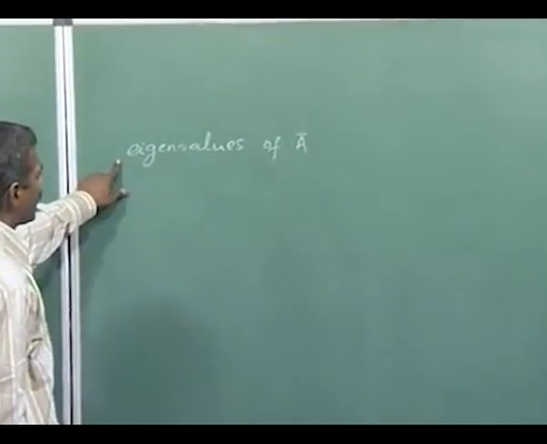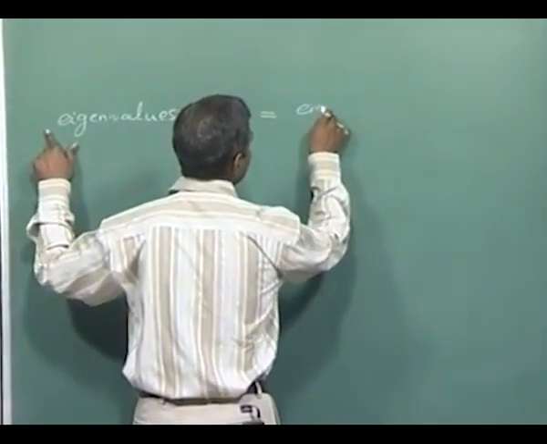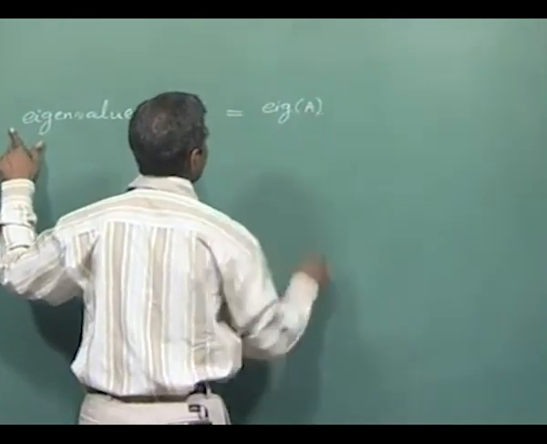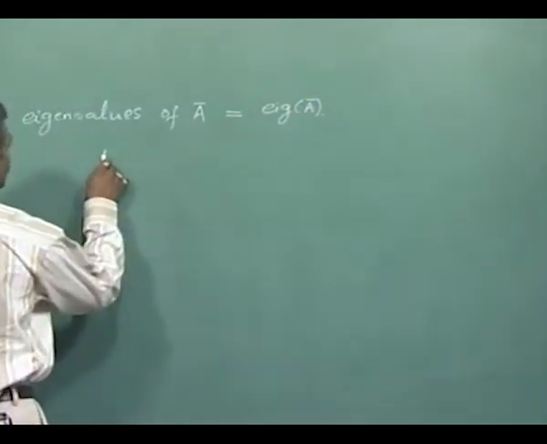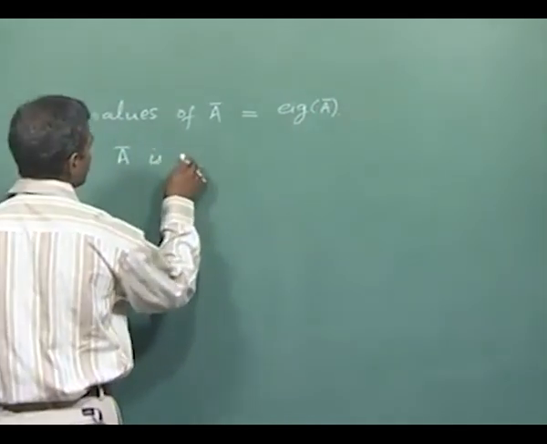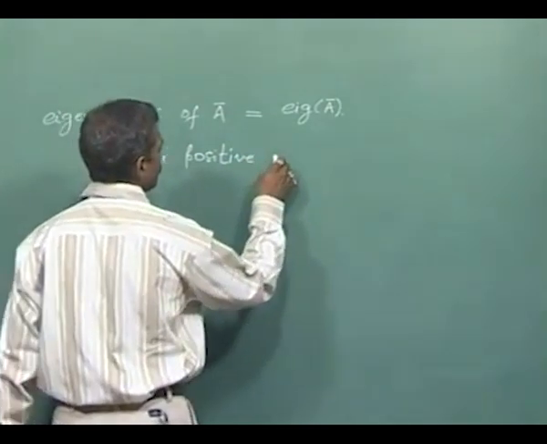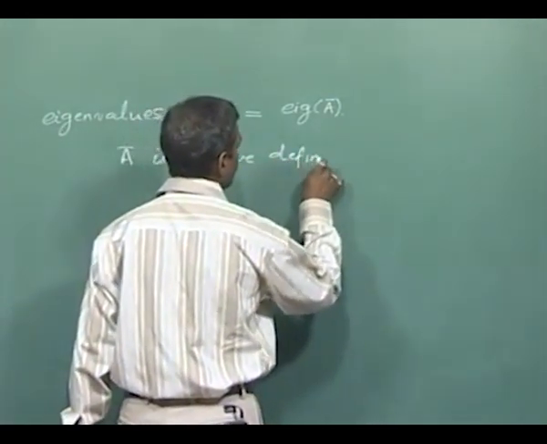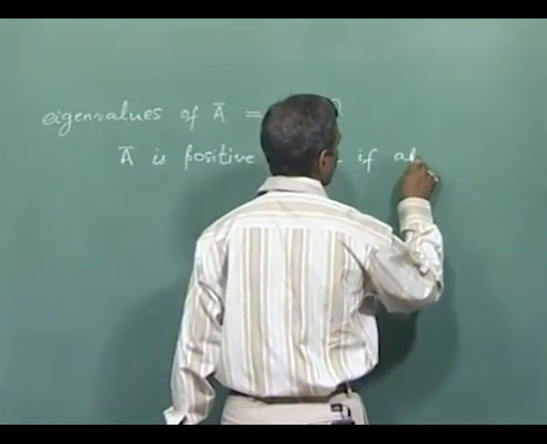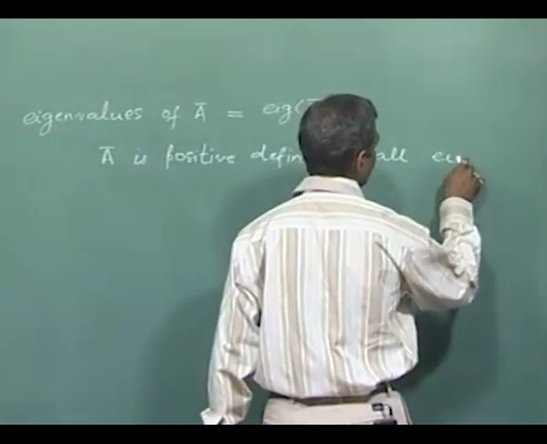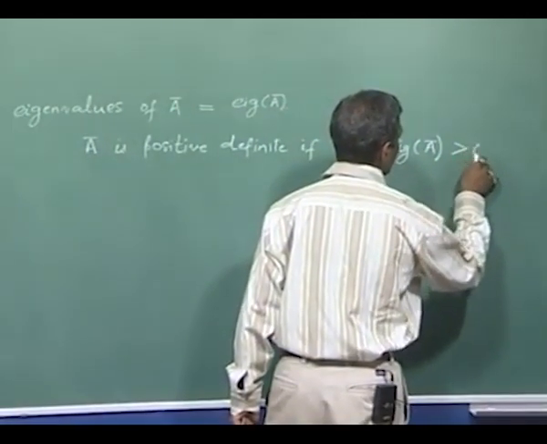If I write the eigenvalues of this matrix as a set eig of A, then A is positive definite if all eigenvalues of A are strictly positive.